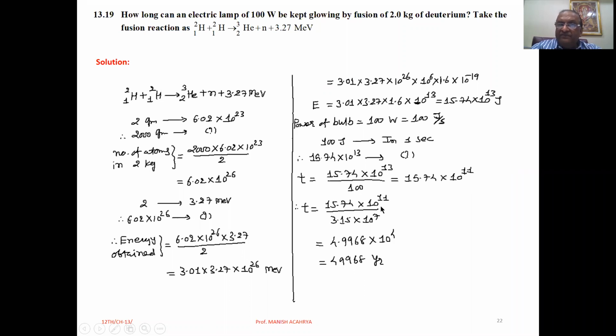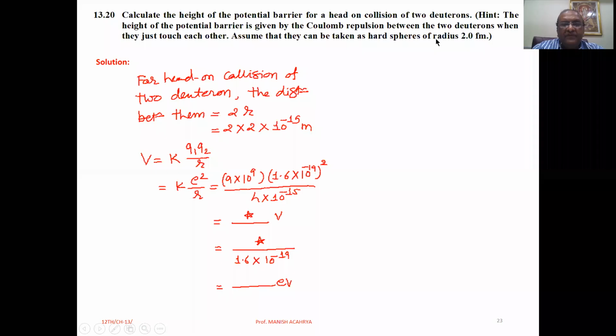Solve it, then divide by 3.15 × 10^7, so you will get the answer in terms of year. And see here, this bulb can be kept glowing for 49,968 years with the help of 2 kilogram deuterium. Clear to all of you?